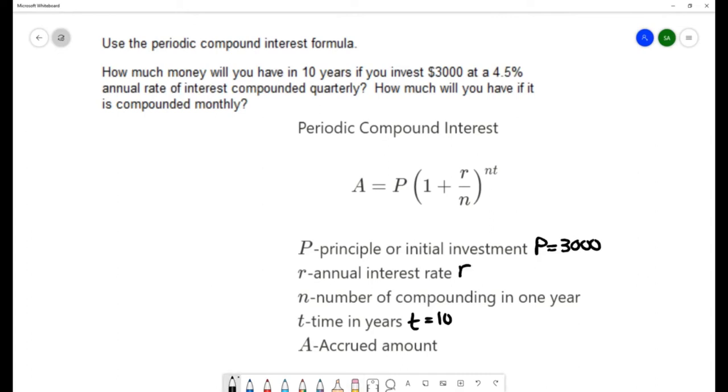So R is equal to 4.5%. However, when we use this value in the formula, we want to use it in its decimal form and not its percent form. So we're going to move that decimal place 2 places to the left, getting us 0.045.